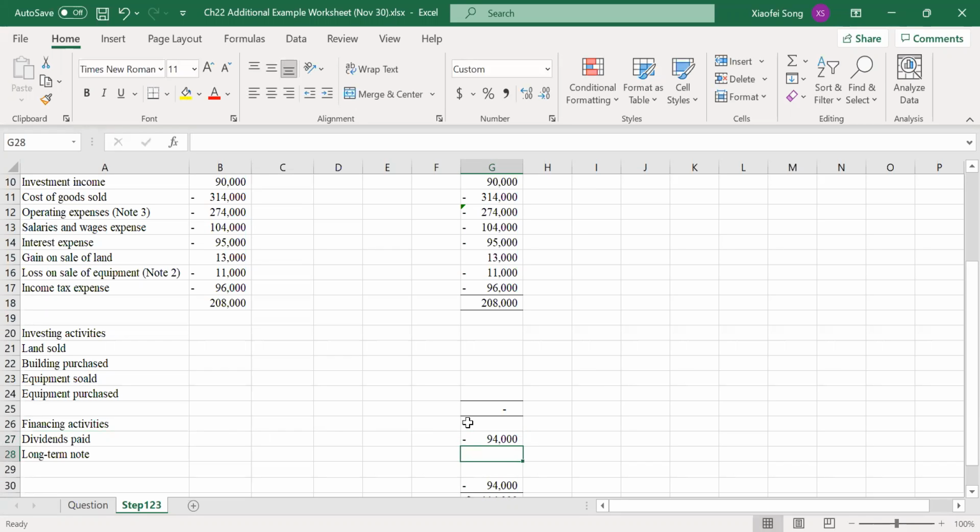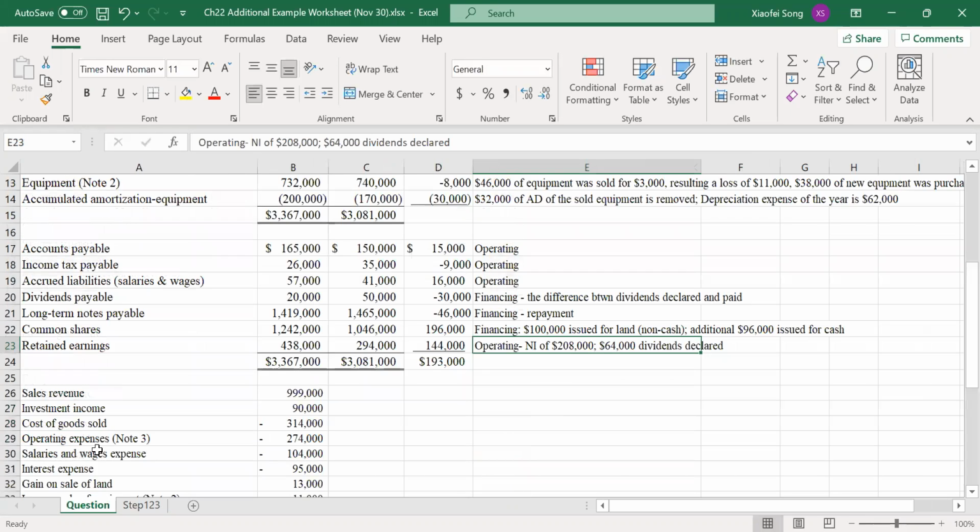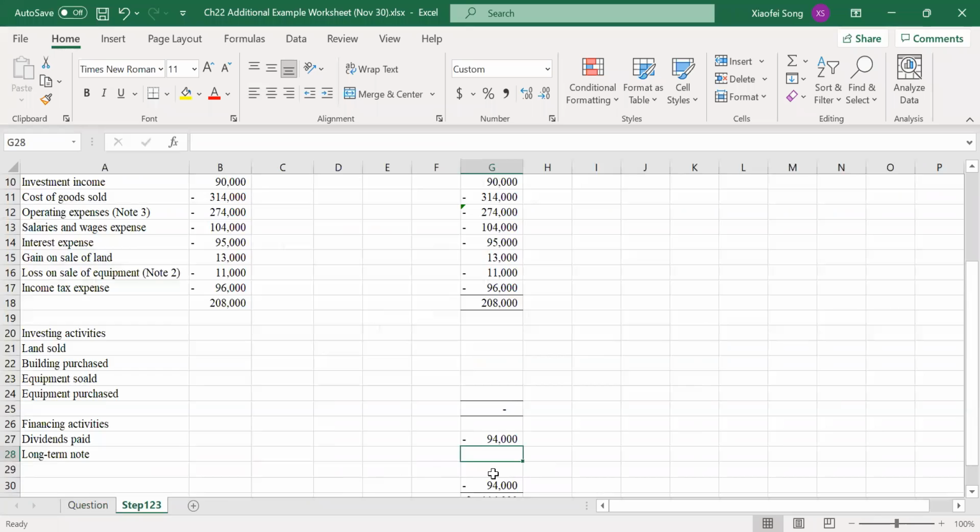And we also look at the long-term note. Let's go back to see. Long-term debt repayment 46. Yes? Yeah, 46. So let's just put that in there. 46. Oh, that's a payment.